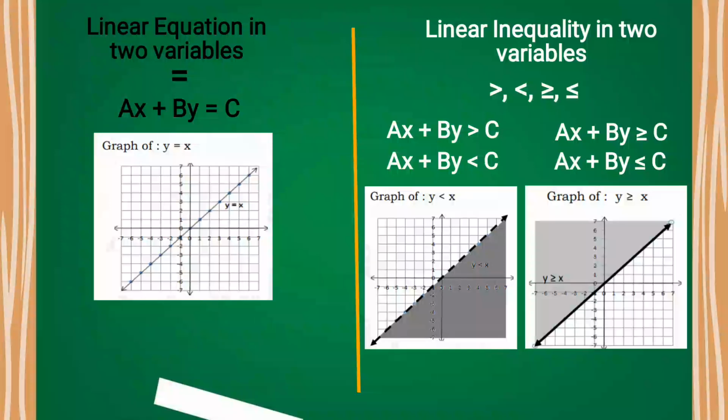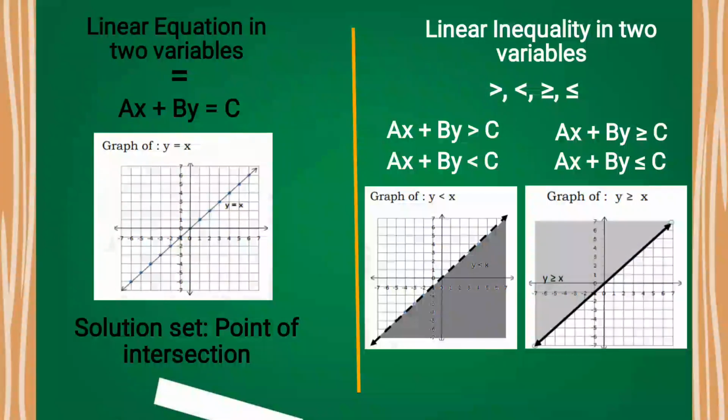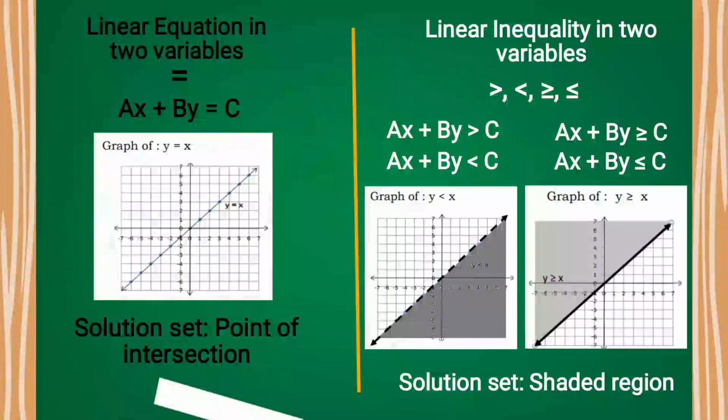Next po, sa linear equation, solution set is the point of intersection. So, kung makatatandaan po, last quarter, pag nag-intersect yung two lines, ayun yung point of intersection nila. While, sa linear inequality naman po, solution set is the shaded region. Yung dark region, ayun yung solution set nila. Ang dami po ano. Kasi sa linear equation, pag nag-intersect ang two lines, ayun lang yung point of intersection nila.